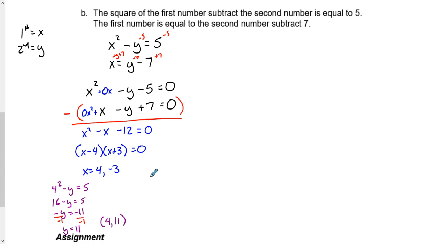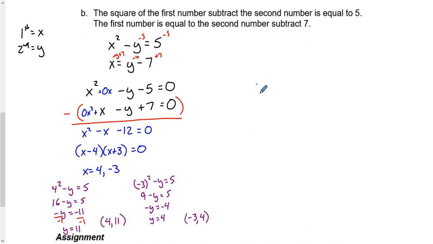And if I do it similarly, negative 3 squared subtracting y equals 5. So that's 9 subtracting y equals 5. Subtract the 9 over, that's negative 4. Divide by the negative, and y equals 4. So this would be negative 3, 4.